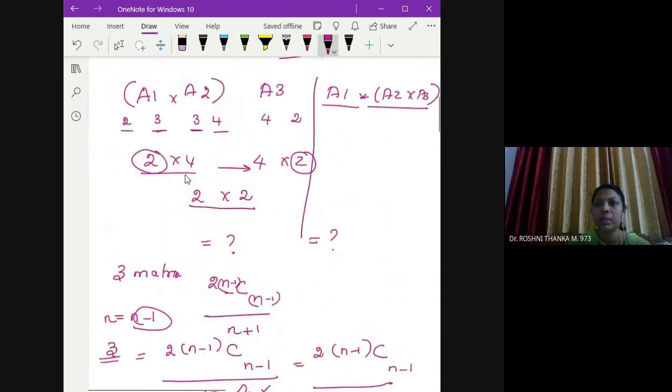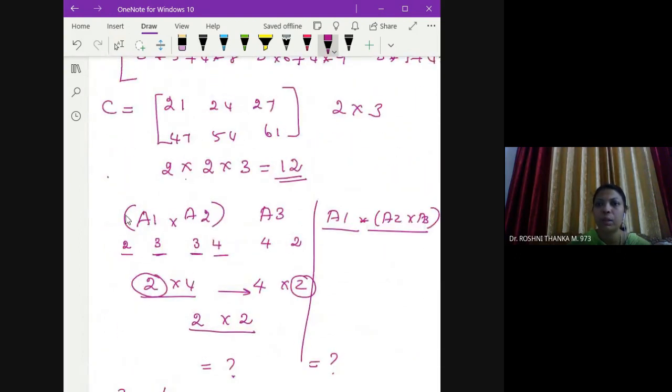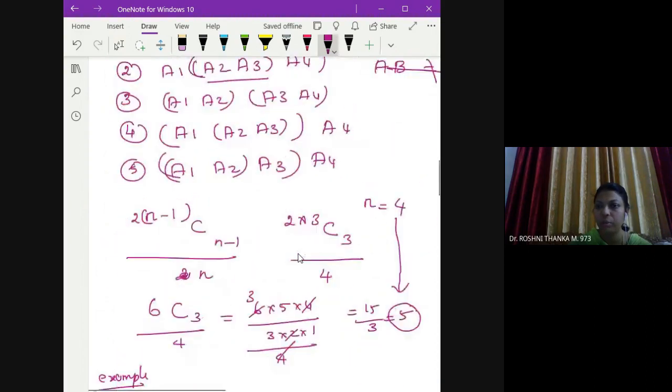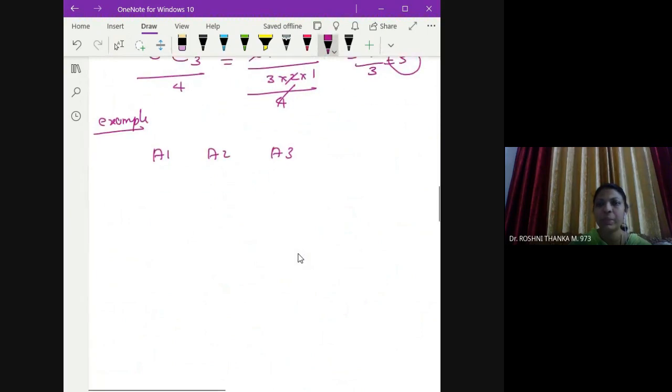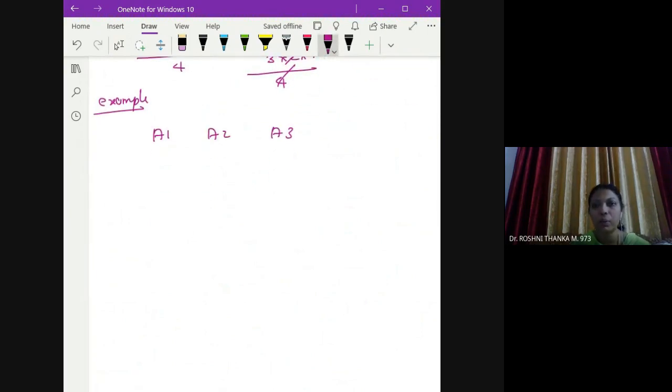One parenthesization is of this type: multiplying A1 and A2, then the result will be multiplied with A3. The other one is A2 and A3 are multiplied, then A1 is multiplied with the resultant answer. So these are the two possible ways of parenthesization. So let us take the dimension of A1 as 2, 3, and the dimension of A2 is 3, 4, and let us take the dimension of A3 as 4 and 2.